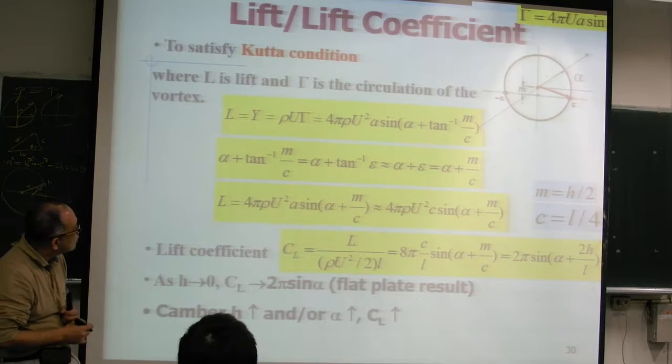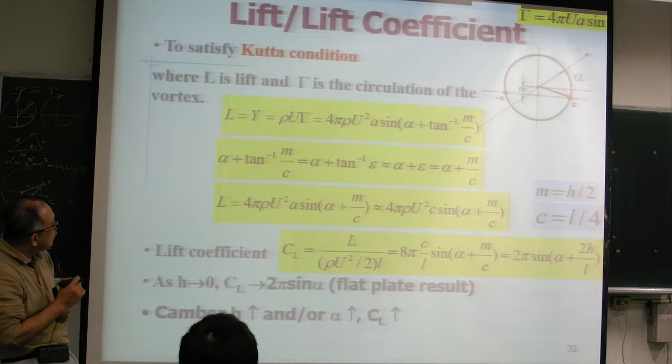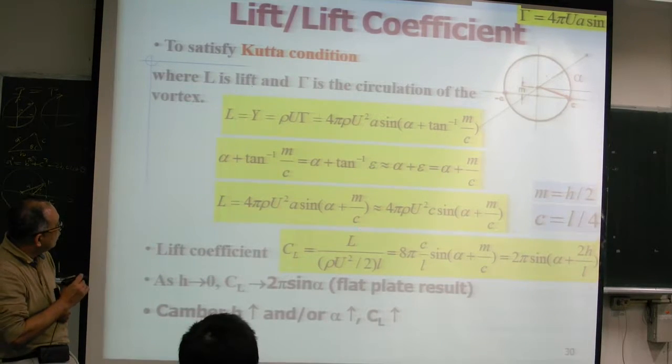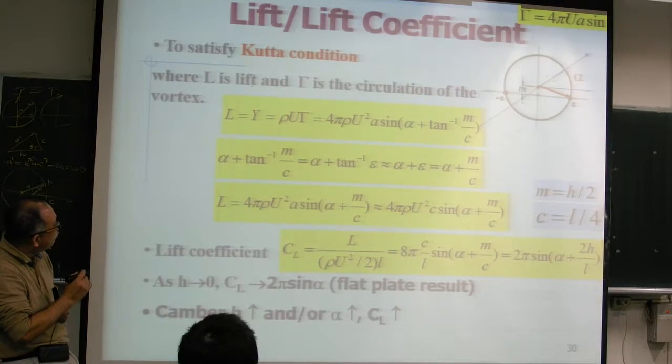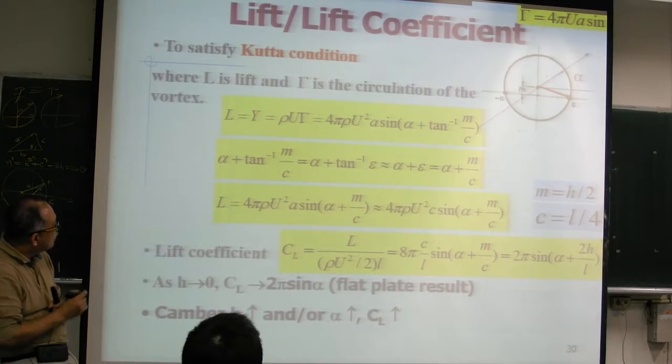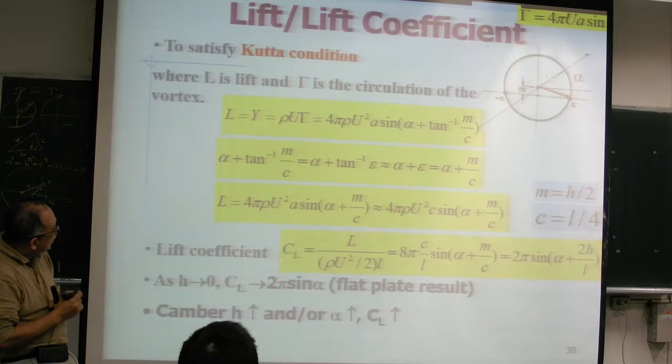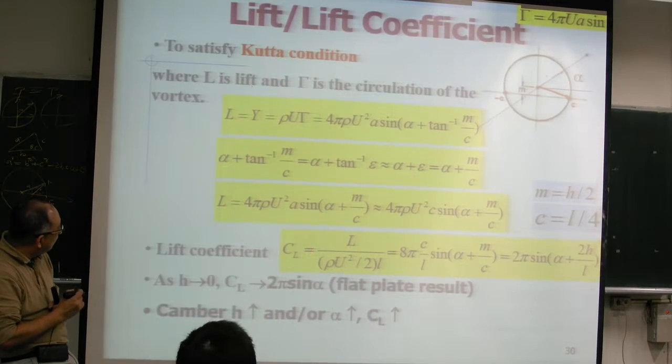So this is m over c, which can replace our arctangent epsilon here. So this is the lift.